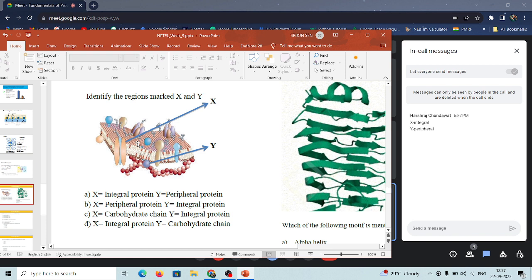X is integral and Y is peripheral. Okay, let us see who else is there. You can also answer.